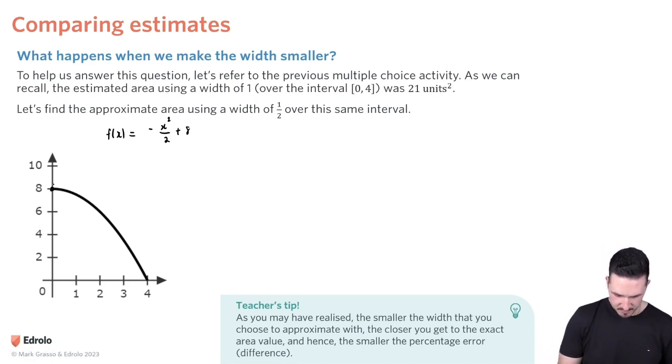So we'd have 0, f of 0, a half, f of a half, then 1, f of 1, and so on.